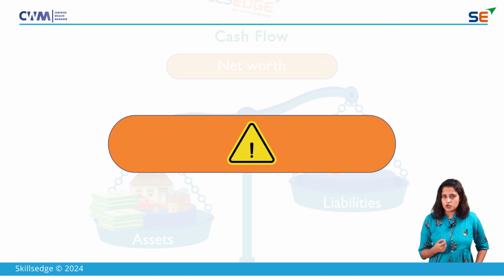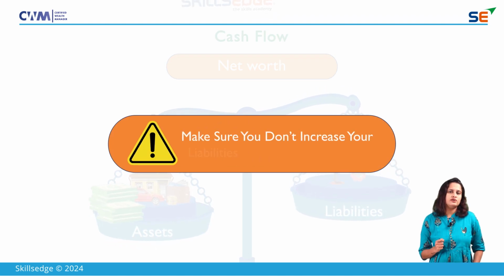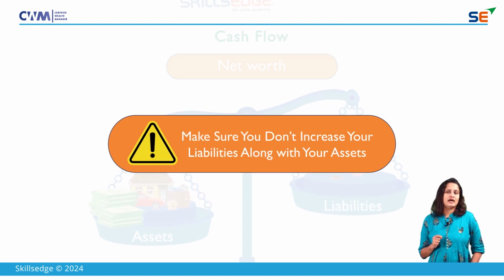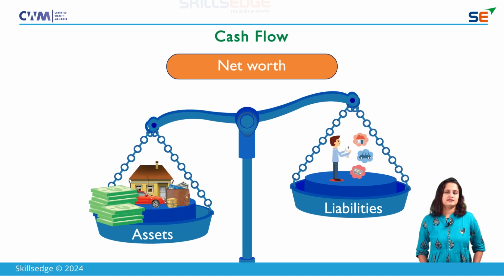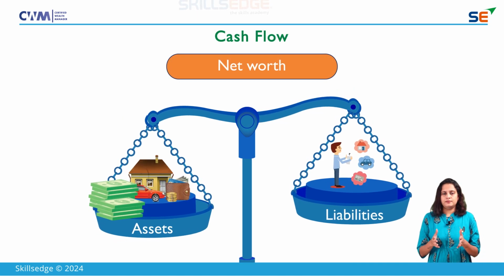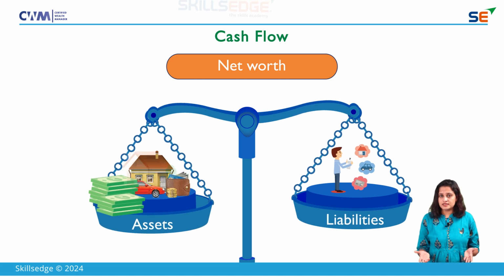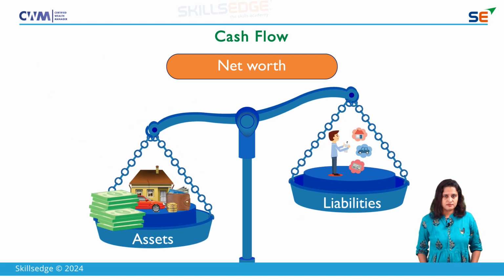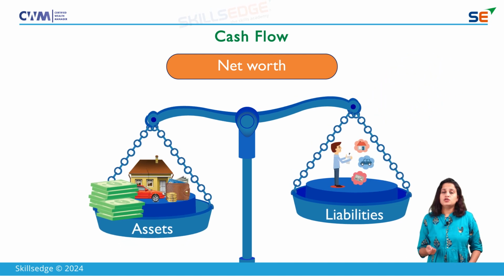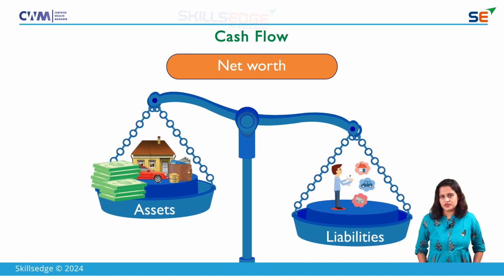One note of caution is to make sure that you do not increase your liabilities along with your assets. For example, your assets will increase if you buy a house. But if you take a mortgage on that house, your liability will also increase.